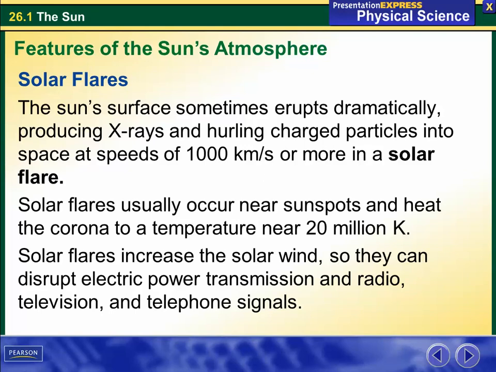Solar flares are so powerful, in fact, that they can increase the solar wind, which is there all the time, to the point where here on Earth it will disrupt electric power transmission and radio, television, and even telephone signals. Solar flares are a pretty strong thing.